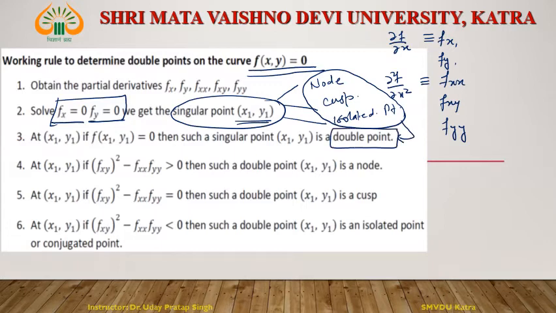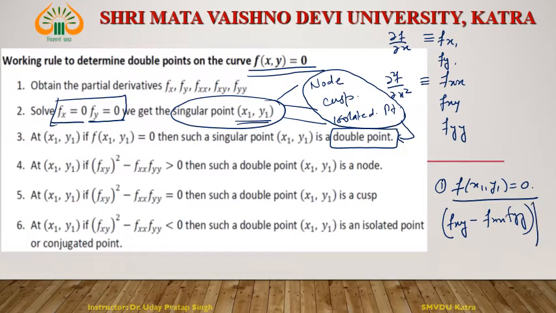Then this (x1, y1) must lie on the curve. The first condition is that it satisfies the curve, meaning f(x1, y1) = 0. The second condition is that if fxy² − fxx·fyy at the point (x1, y1) is greater than 0, then it is known as a node.